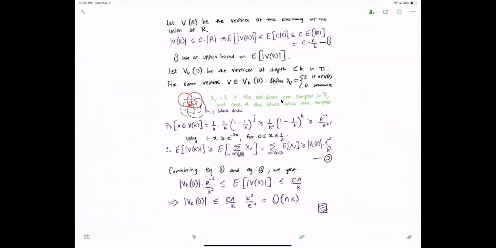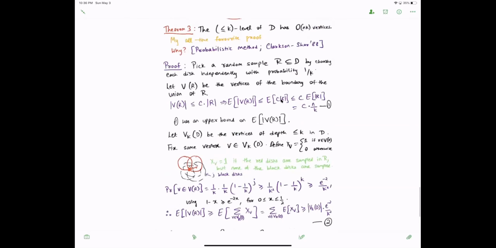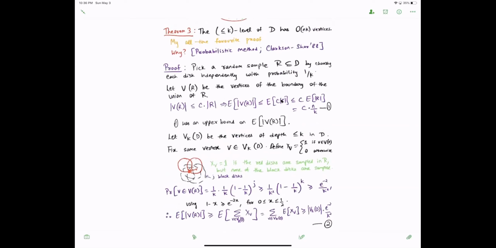Intuitively, what expectation is really doing is looking at the average. In some sense, it's doing an averaging argument, and based on that, it is giving this bound. So we are done with this proof actually.